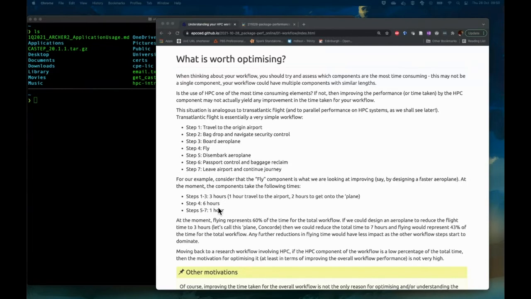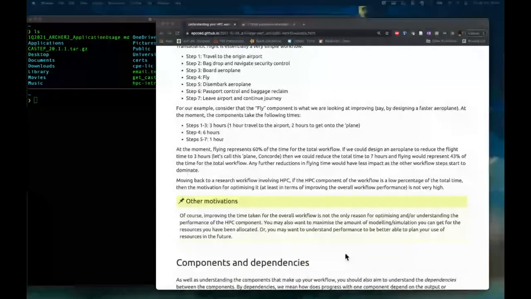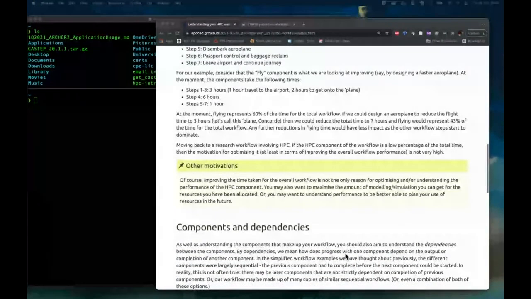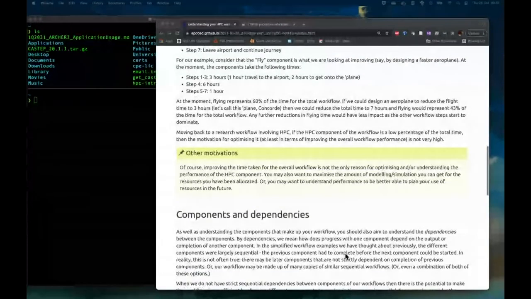Okay, so having some understanding of how much effort you should invest in the different steps is a useful place to start, because it will at least set your expectations about what you're actually able to do by optimizing the HPC part of your workflow. Okay, and this is the point I mentioned before: there might be other motivations for optimizing that part other than just raw time to completion.